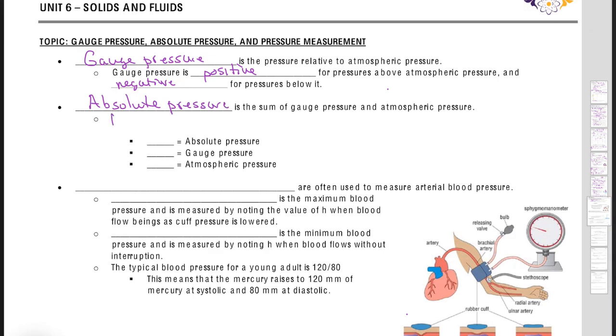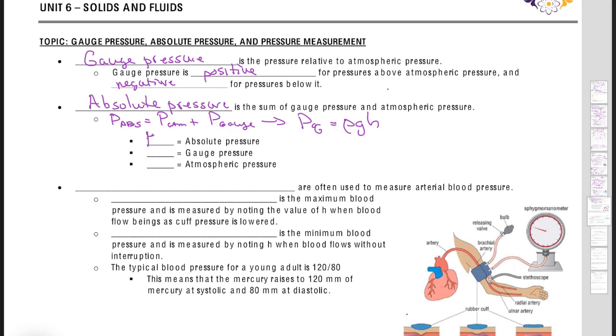Absolute pressure is atmospheric pressure plus gauge pressure, where gauge pressure is rho g h. So P gauge is that rho g h value that we were using before.